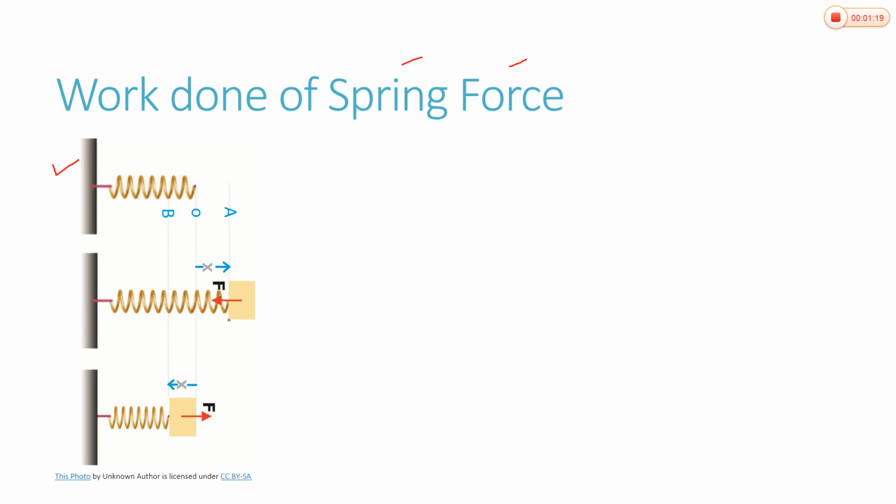So the direction of spring force is always opposite to the displacement of the spring. In the second case, when we compress the spring, means we move the spring towards the left, the spring force again tries to bring the spring to its original position. So again the direction of displacement and the direction of force developed in the spring are opposite.